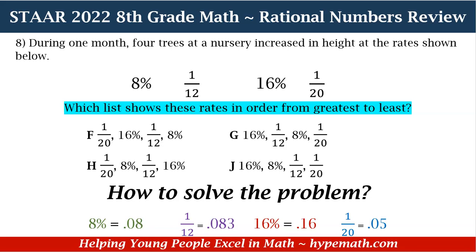So in looking at our list of numbers, which number is first? I would say it is 16%, and that's equal to 0.16. Now let's look at the next largest number. Looking at 8%, 1 over 12, and 1 over 20, let's focus on 8% and 1/12, because they both have a 0 in the tenths place.